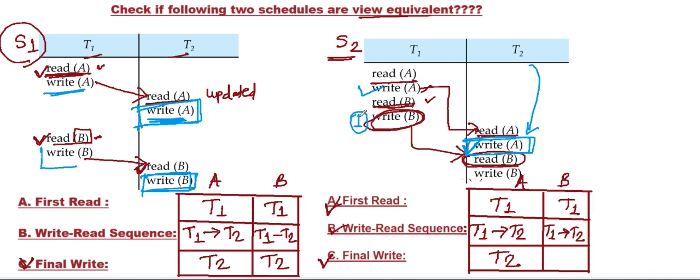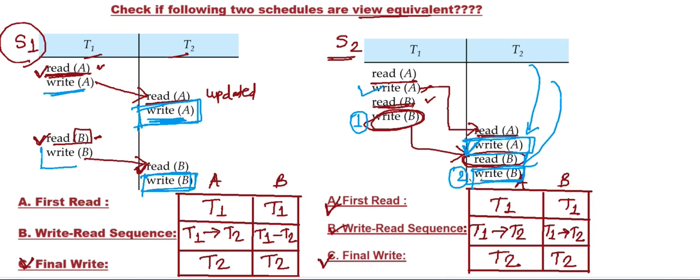This is the first write operation on B and this is the second write operation on B. The second one is the final write on B, made by T2. So we are done with all the operations of schedule S2.